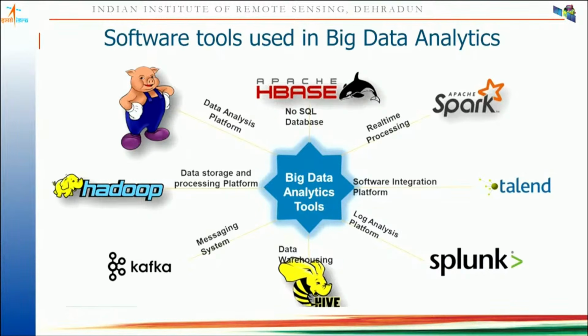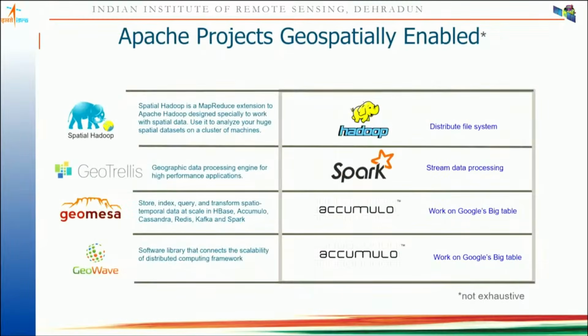We have a messaging system like Kafka. We have a data storage and processing platform like Hadoop. Very interesting platform, basically the Hadoop file system, which works as a distributed file system, is very much required for handling big data. And then we have the data analytics platform. If you combine all these together, you can provide the complete solution for your geocomputation requirement, which you can perform on this big geodata.